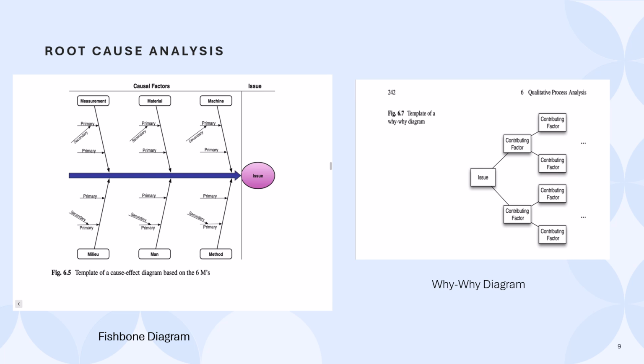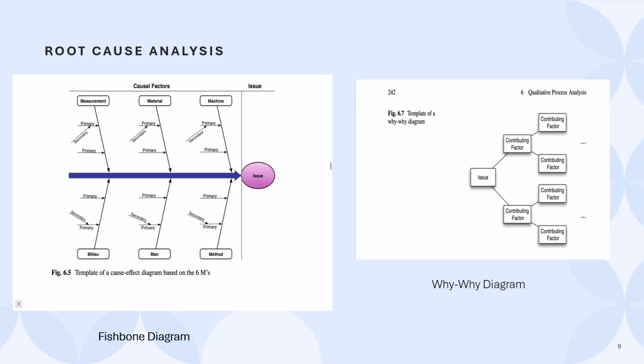And the next diagram is the 5 Whys diagram, which is the second tool, a simple but powerful method. Once a problem is identified, we ask why repeatedly, typically 5 times, to drill down until we find the root cause.